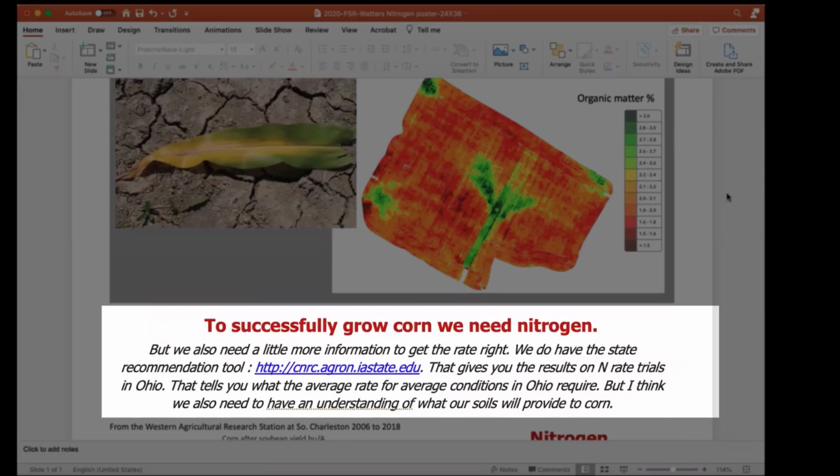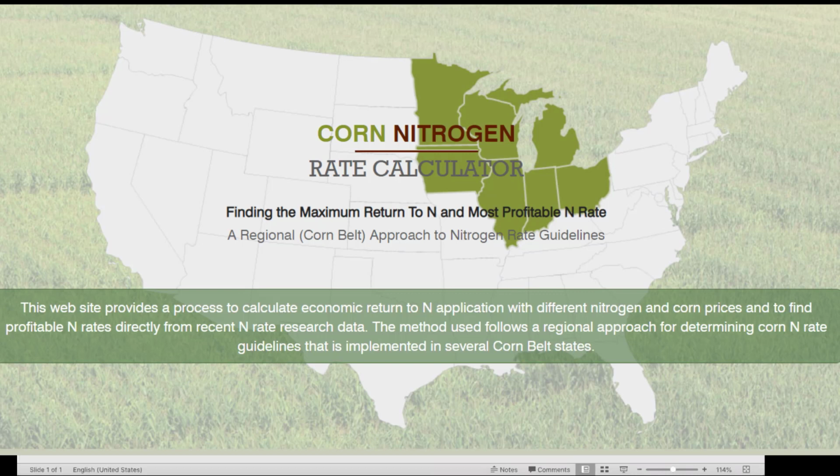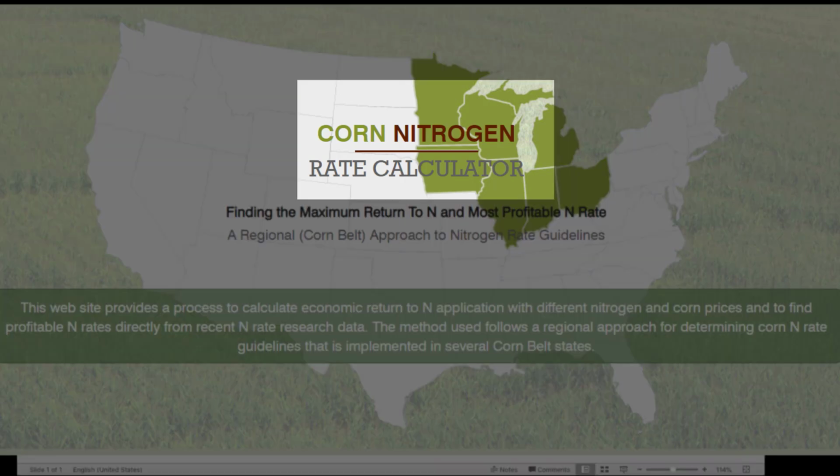And that goes back to probably 2005, 6, 2007, somewhere back in there. 7 universities across mostly the Eastern Corn Belt, but much of the Corn Belt, went together and came to the conclusion that economics, the background of research and yield, but economics of corn price and nitrogen price, is probably a better way to decide on nitrogen rates rather than a yield-based goal. And so they put that into effect, and that is Ohio's current nitrogen recommendation tool. It's the corn nitrogen rate calculator.